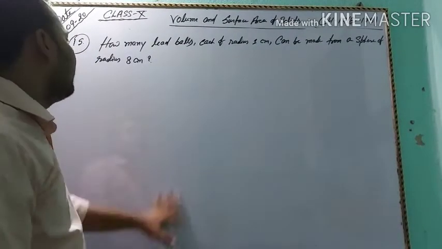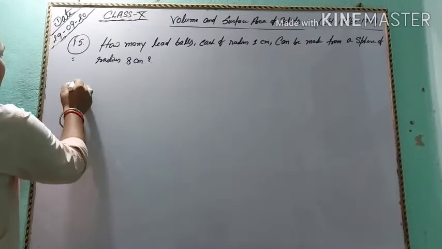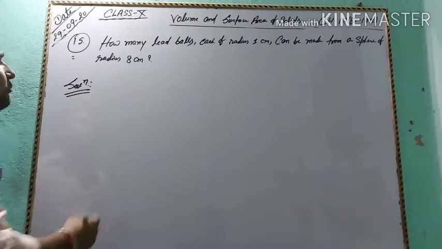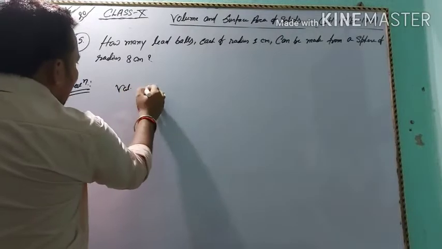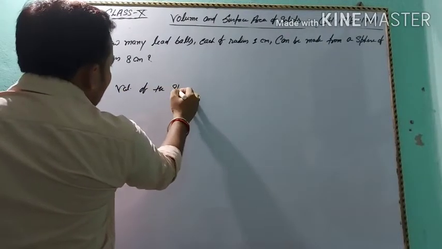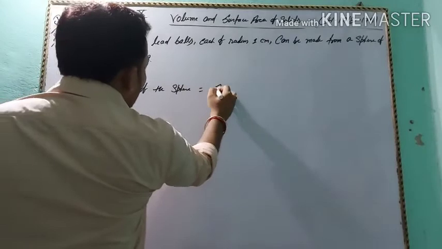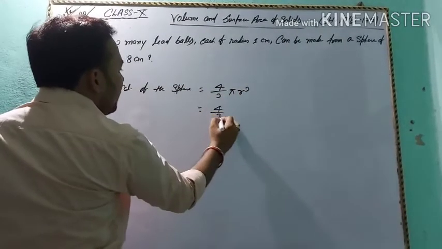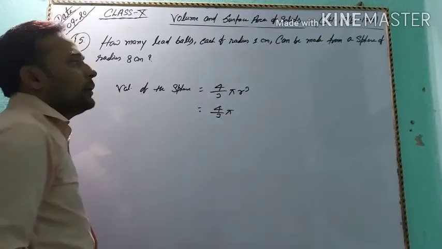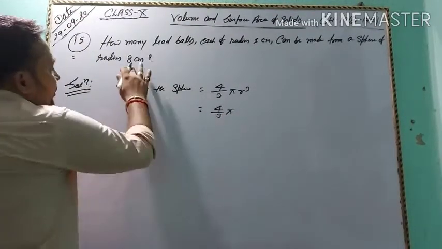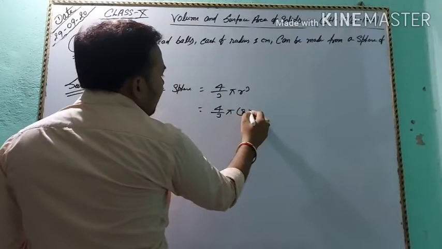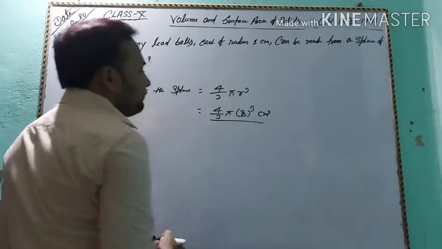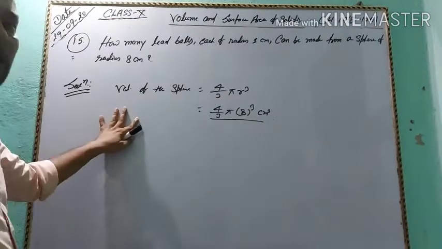So let's start the solution. First of all, the volume of the sphere is 4/3 pi r cube. That is 4/3 pi and r cube, radius is 8 centimeter, so 8 cube centimeter cube. That is the volume of the sphere.